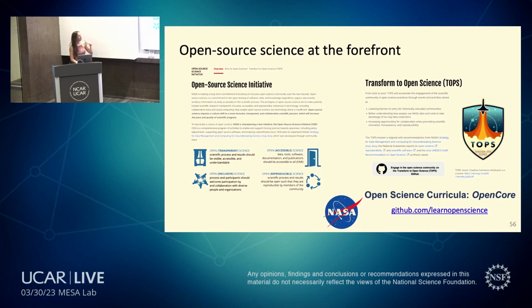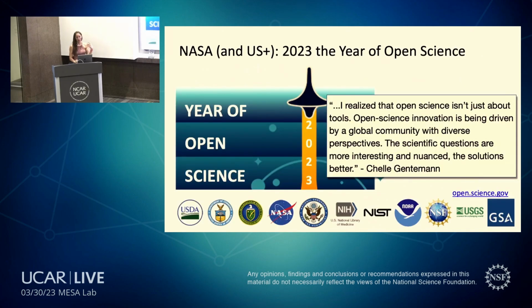So this is kind of pushing open source science to the forefront, and this is like a 5 to 10 year initiative. NASA and now the rest of the federal government, federal agencies, and about 80 academic institutions have all declared 2023 as the year of open science to really accelerate that push towards open science.